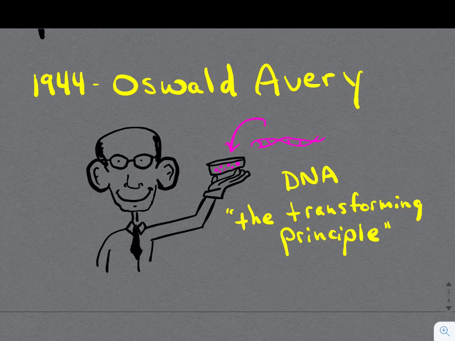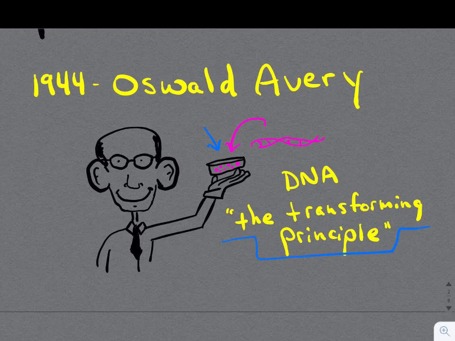He took this substance that we had now identified as being DNA, and he transferred DNA from an active species of bacteria that causes pneumonia into an inert species. And what happened was the functionality of these bacteria changed. It became a virulent strain again. It could cause pneumonia. And he referred to DNA as the transforming principle.